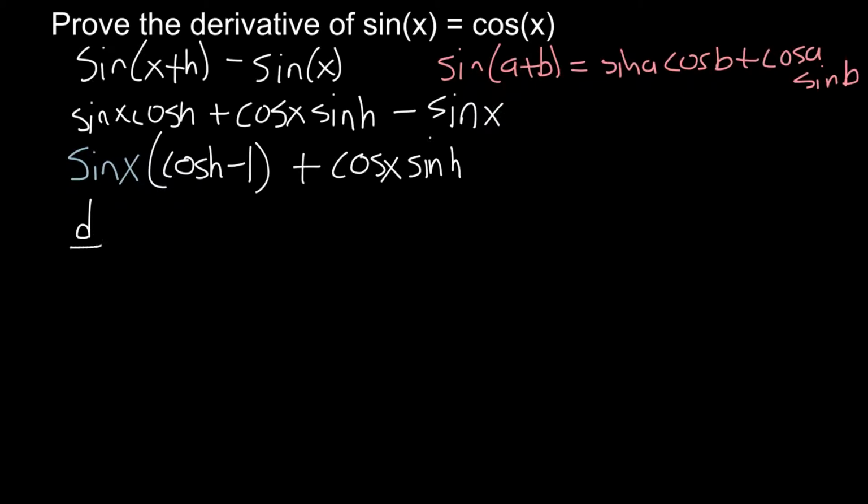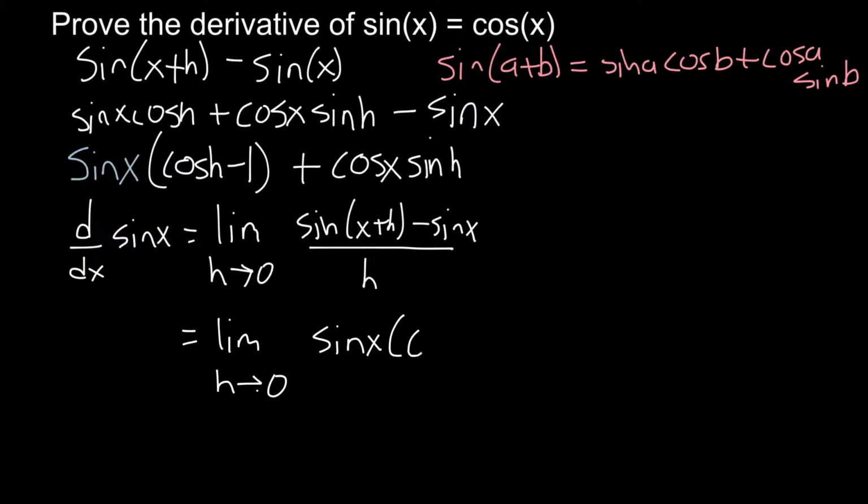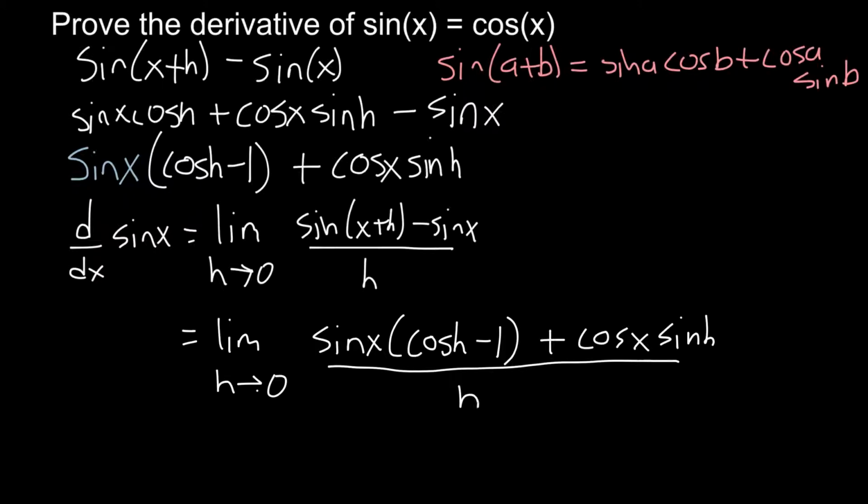So the derivative of sine of x by definition is going to be equal to the limit as h approaches 0 of sine of x plus h minus sine of x all over h, which we now know is equal to the limit as h approaches 0 of sine of x times cos of h minus 1 plus cos of x sine of h all over h.